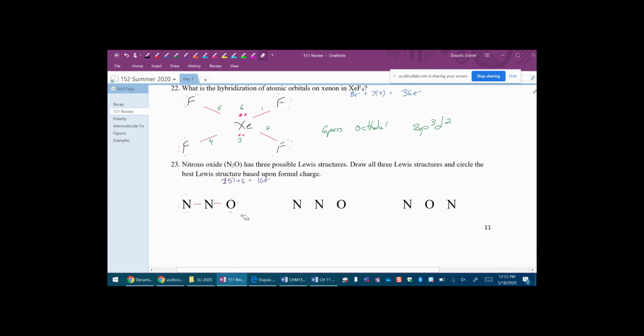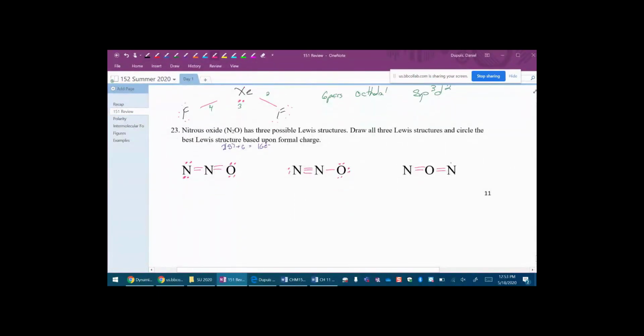Well, I can double bond both sides. That works out. I could triple bond this end. Or I'm going to do a different one. But okay.